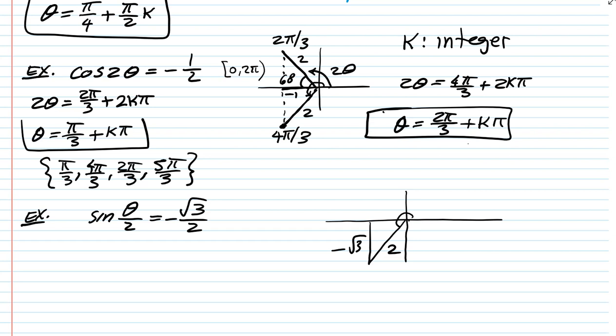That's one. Or it could be negative here. That's negative root 3 over 2. Correct? That's one. And here's the other angle. Sine is negative in the 3rd and the 4th quadrant. Therefore, the measure of the angle here, for the triangle, is 60 degrees.